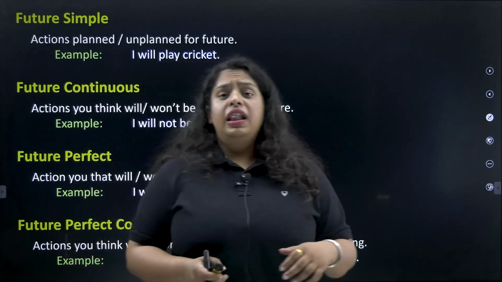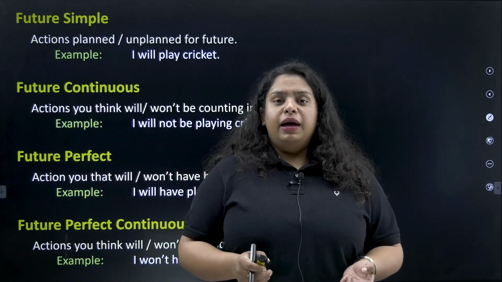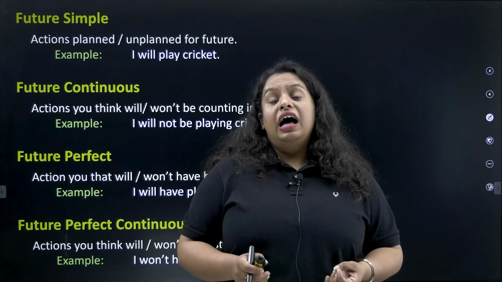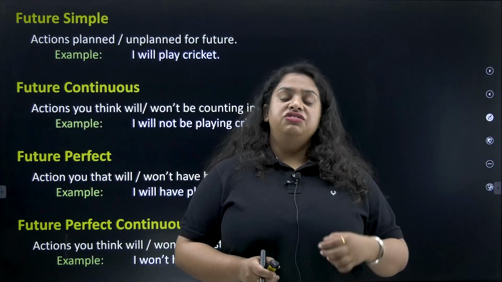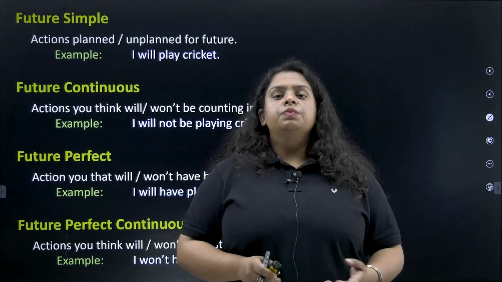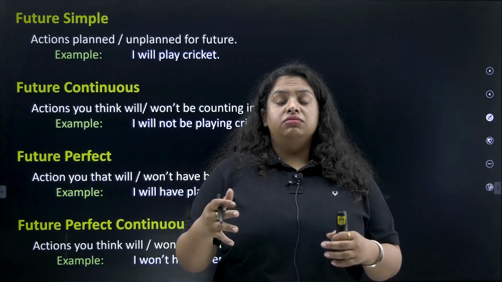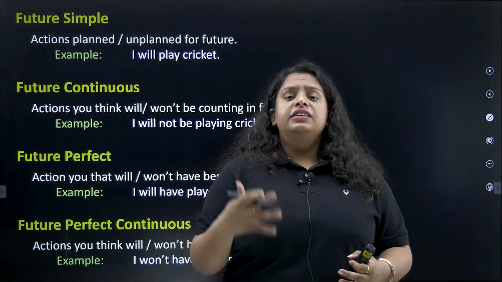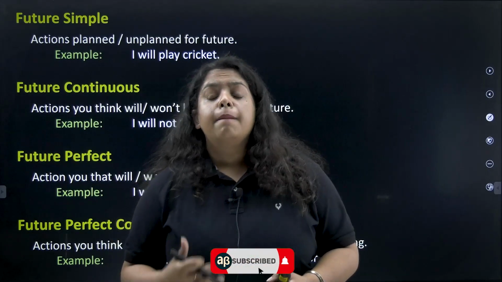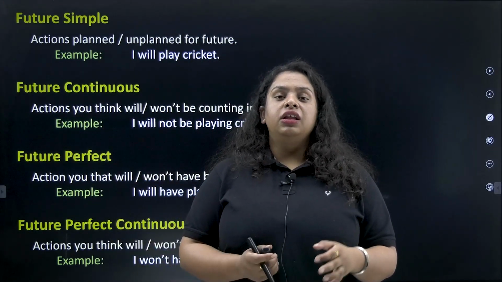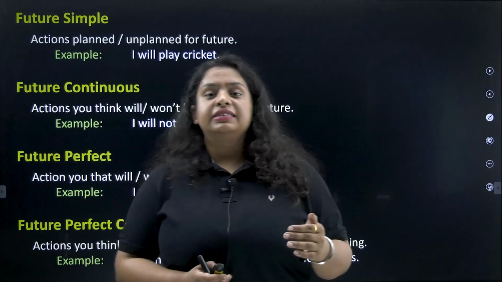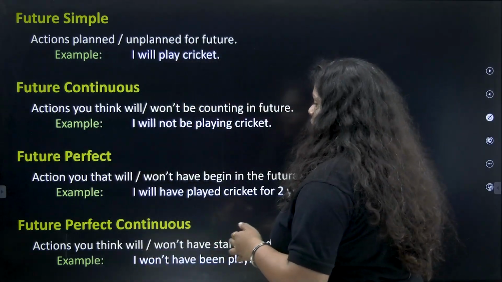If I say I will have completed my graduation 3 years ago, or something like that, this is something where we are predicting an action which will be taking place in the future.